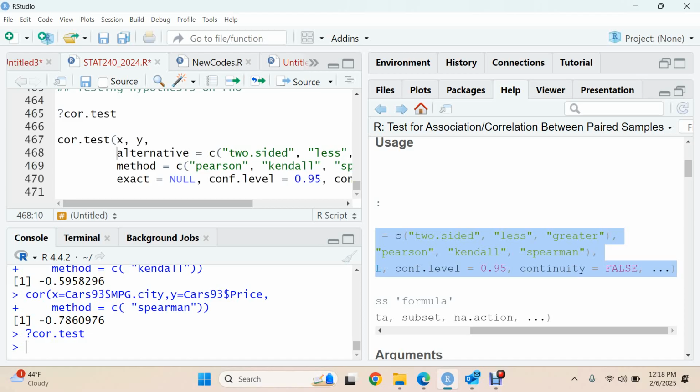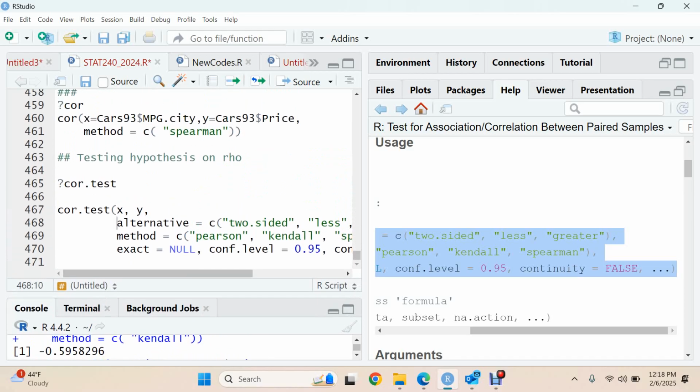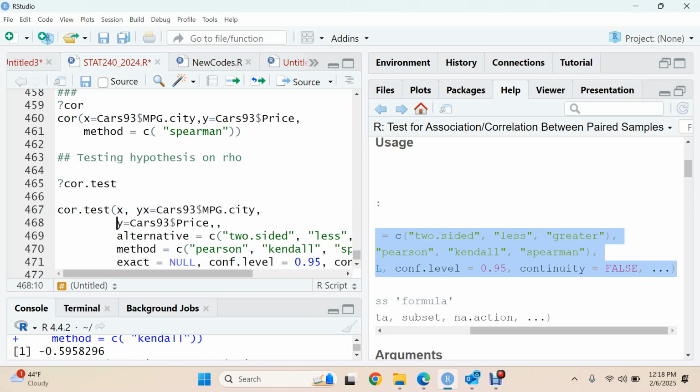So this one, the X and Y, we already have it, so I'll go up here and copy and paste. Then the alternative. From what I have written over there, what should my alternative be? Look at the top one.